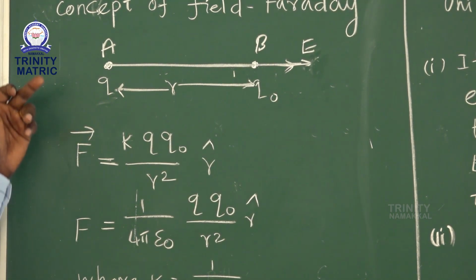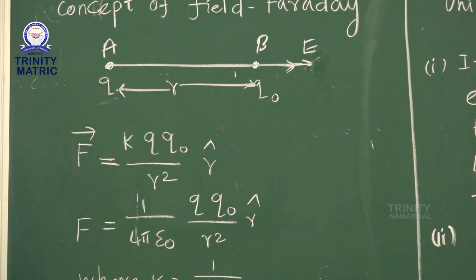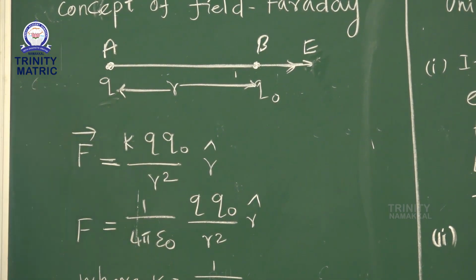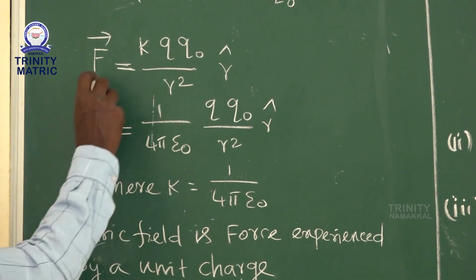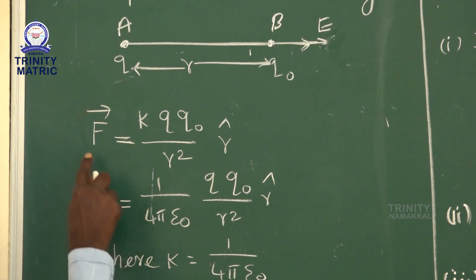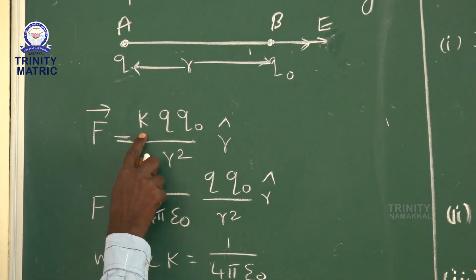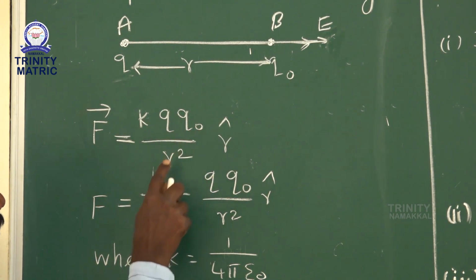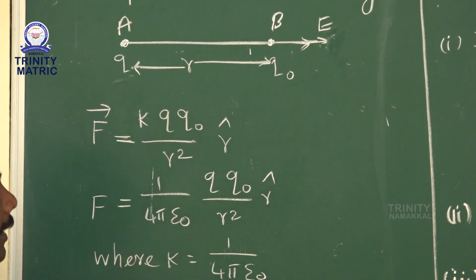Now we want to calculate the electric field from Coulomb's law. You know the Coulomb force between Q and Q naught: F is equal to K Q Q naught by r square into r cap.